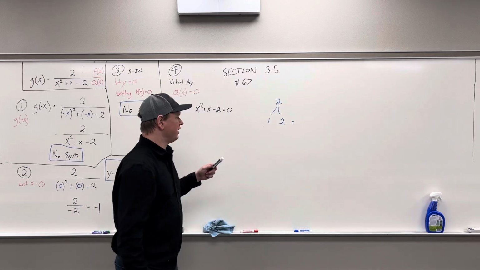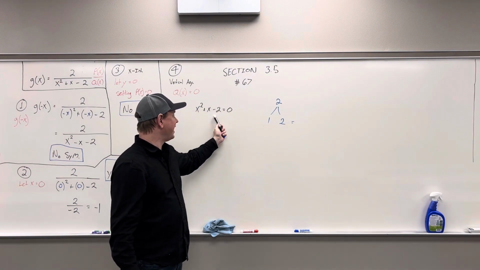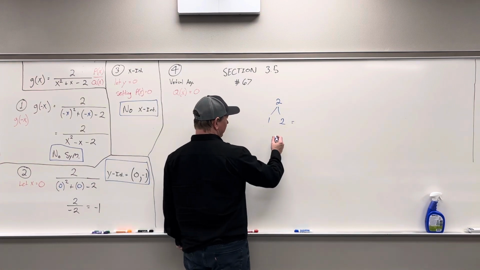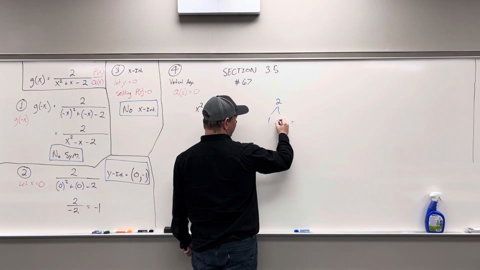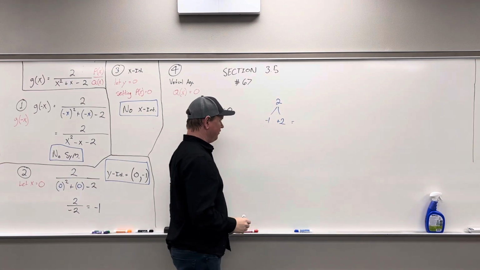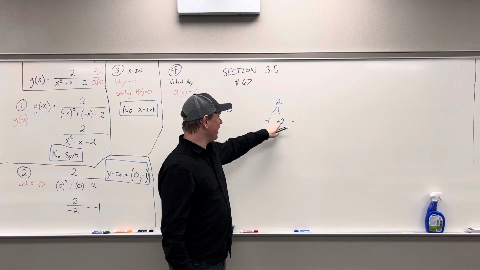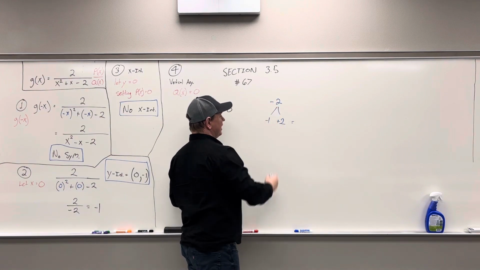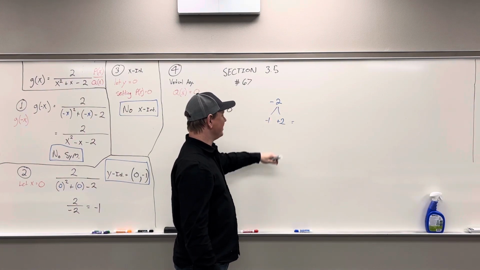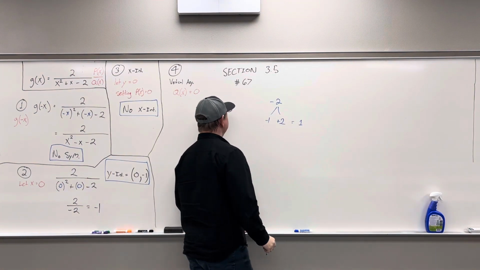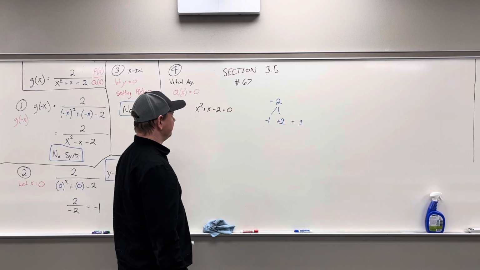And then you're thinking, what can multiply to give me -2 but add up to +1? Well, if I have this one positive and that one negative, these multiply together to give me my -2, and if I add these up, I will get my positive 1.